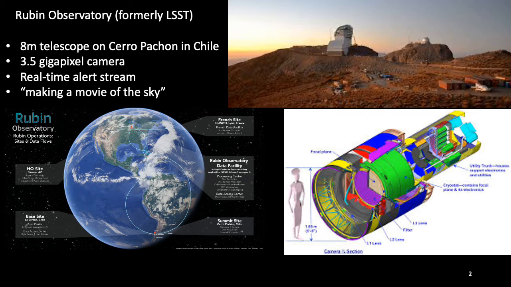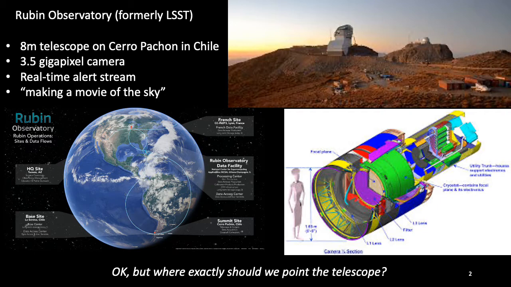So on the lower left there, you can see the path the data takes from Chile through fiber optic cables, up to Florida, up to Urbana, where images will be processed in real time to give out alerts for everything that changes in the sky, all the asteroids that move, all the supernovae that explode. And our goal is to kind of make a movie of the sky and capture a lot of the time domain science in astronomy.